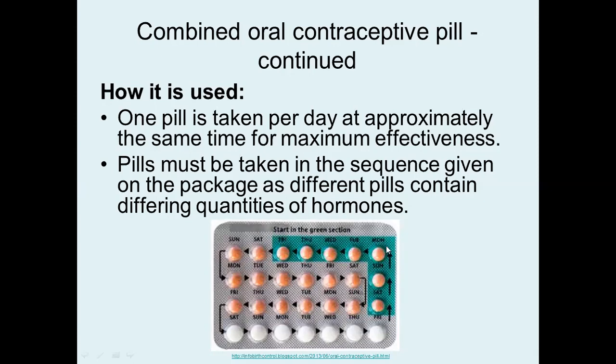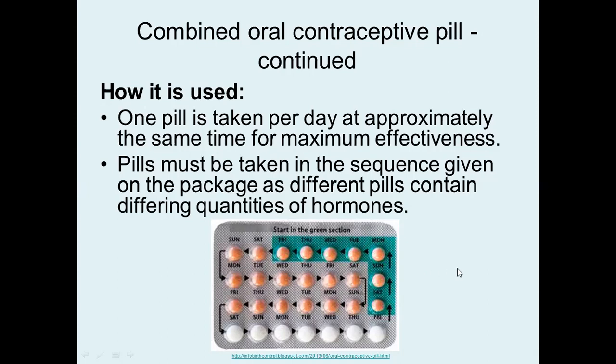So if the first day of a female's period, when she's starting to take the pill, is on Monday, for example, then she must start the pill with this one that says Monday, and it's within the colored section. Okay? And then she would have to take that Monday, the Tuesday, and so on, and go in that sequence, and then start a new pack when she's finished up until Sunday here.